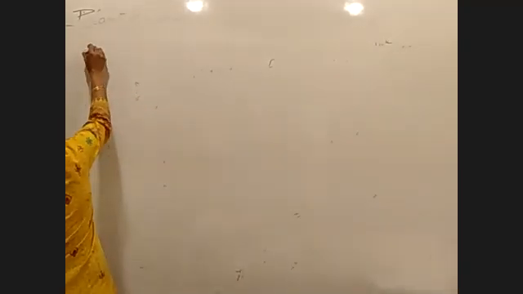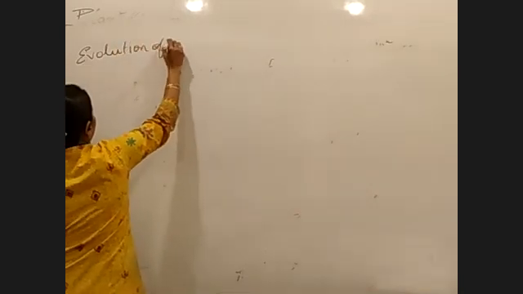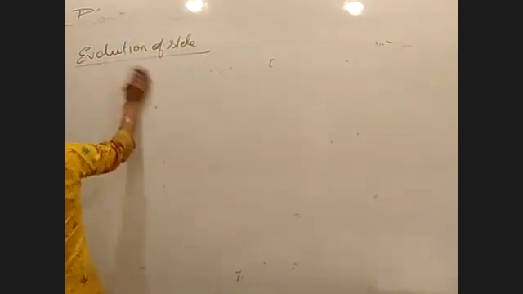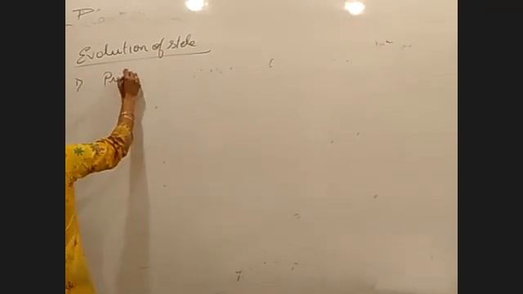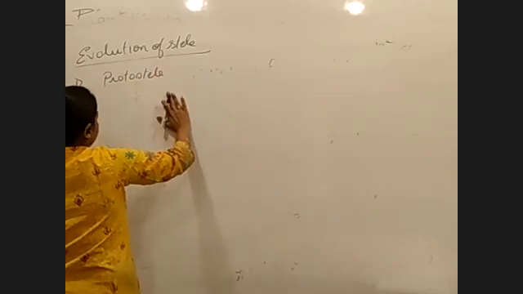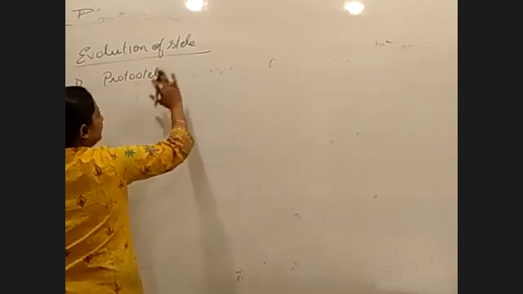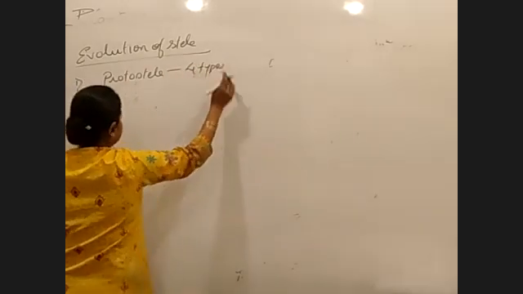So if you're talking about the evolution of stele, the first is protostele. Protostele key points, as we understand, the most important point is that the pith is absent. It is of 4 types.